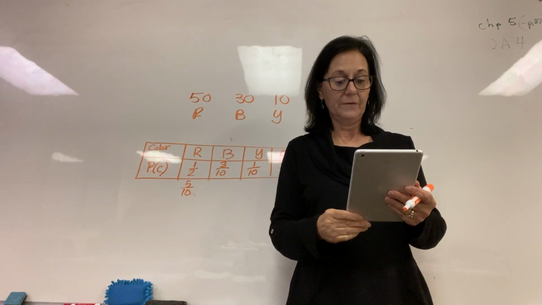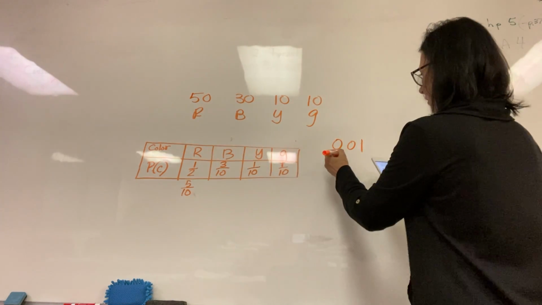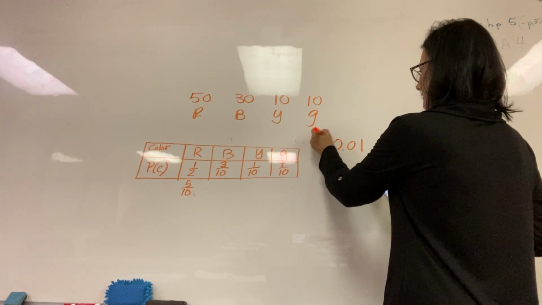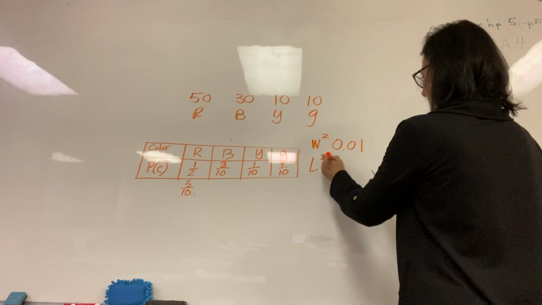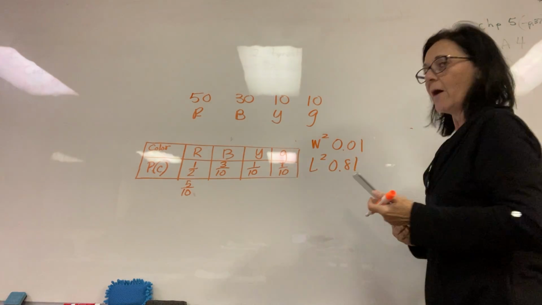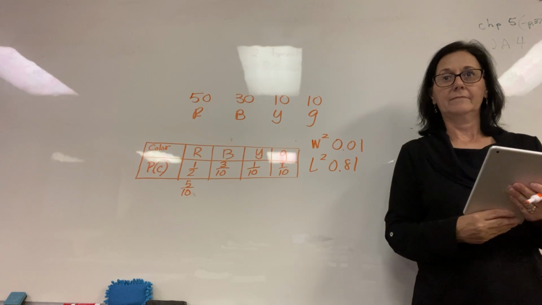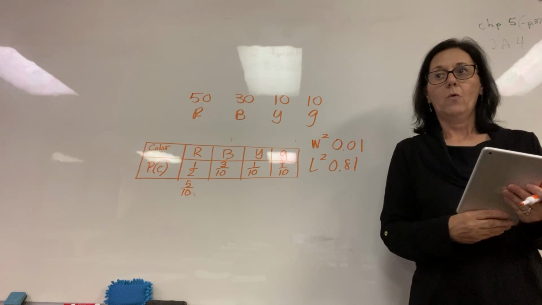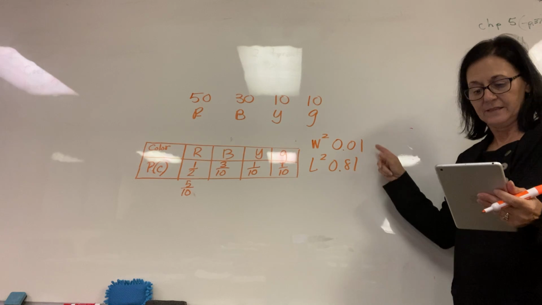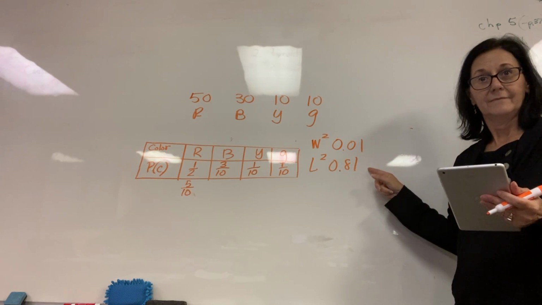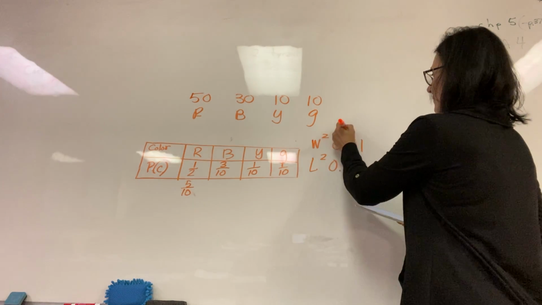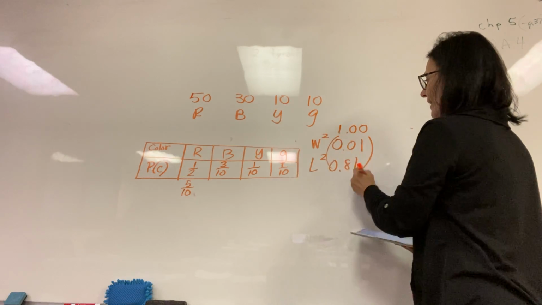Okay, so this next one. We said that was 0.01. That was win twice, lose twice, 0.81. What about win one, lose one? Well, would that be the complement of these? Yes, it would be. So it's 1.00 minus those.